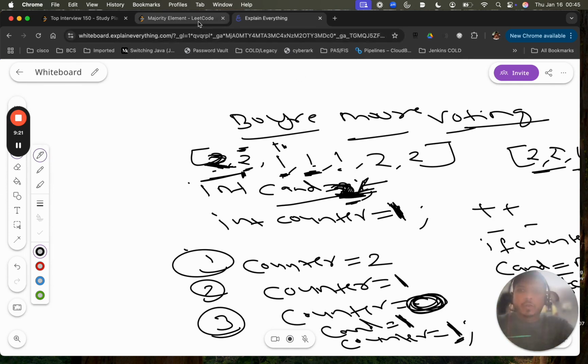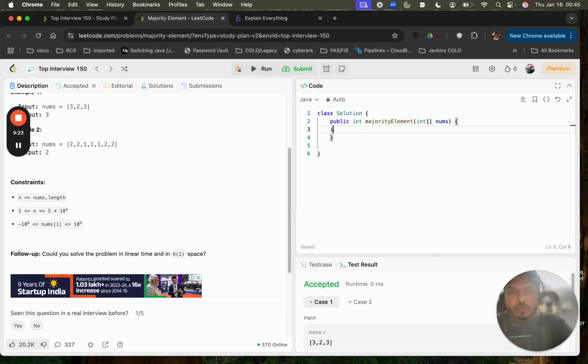So let me try to write the code, then you will definitely be able to understand. Int candidate. I said the first element I'll always assume is going to win, right? Then I said he got one vote initially. Then I said I'll run the loop, starting from the first position.